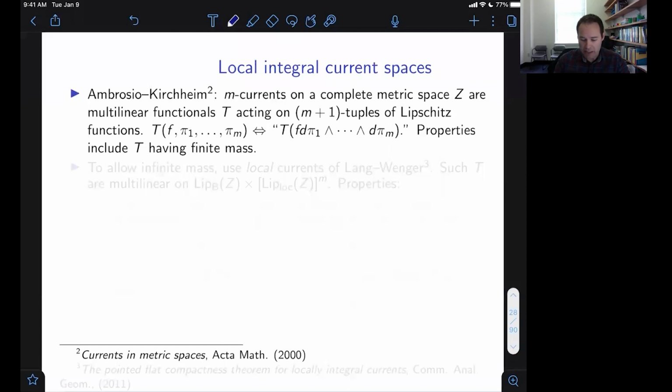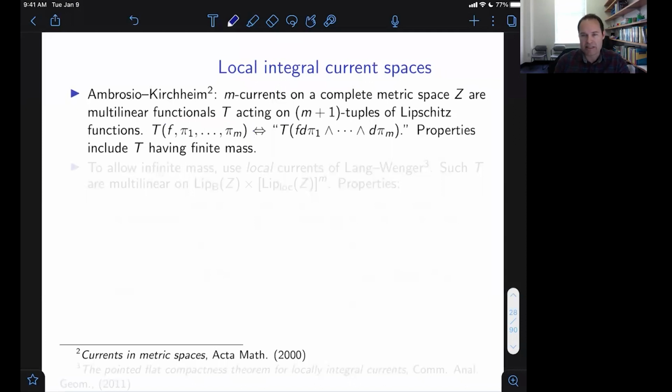So this starts by looking at currents. Currents classically are functionals on differential forms on a manifold. Ambrosio and Kirchheim generalized this to currents on a metric space. They replaced the idea of T acting on a differential form with T acting on tuples of Lipschitz functions, which makes sense on a metric space.